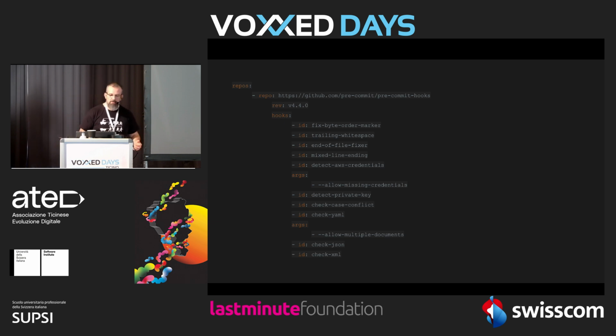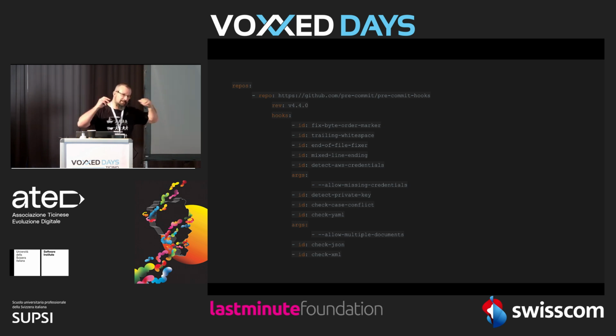private keys. Has anybody pushed AWS private keys in production? I did once. It was amazing. We ended up running a Bitcoin mining server farm, essentially. So check YAML, check JSON, check XML, and so on.